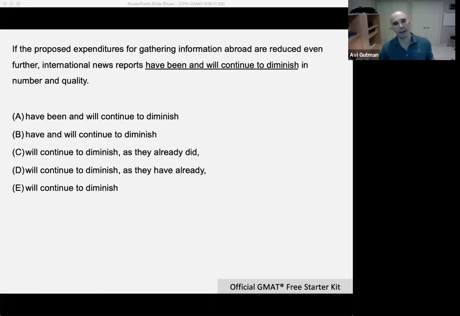Okay, so what I'd like to ask you all for this one is see if you can identify a verbal reasoning issue that 4 of the answer choices have. There's a way here to eliminate 4 answer choices for 1 verbal reasoning issue.